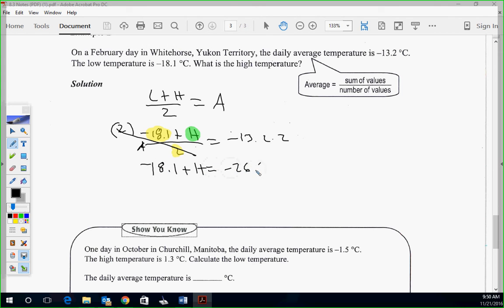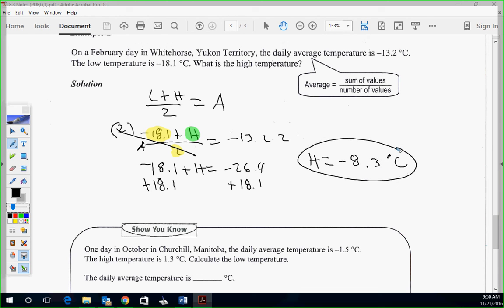Negative 26.4. And then we add 18.1. So the high temperature, still in the negatives, is negative 8.3.